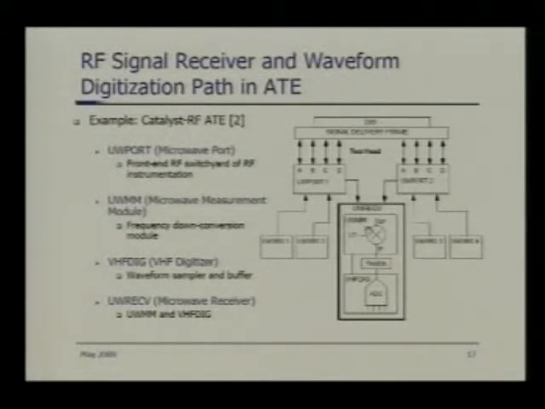The mixer circuitry down converts the RF frequency to a low IF frequency. If you have, say, 1.5 gigahertz coming out from the DIB, going through the RF switchyard of the microwave port, it's coming all the way down to the microwave receiver input.